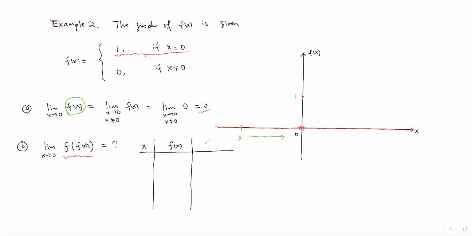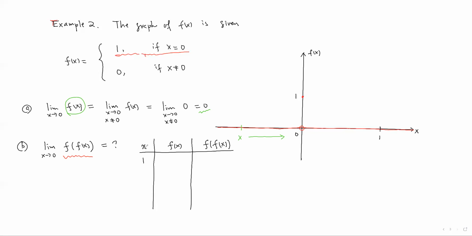Now the third column, f of f of x. Now I let x approach 0. There are many ways x can approach 0. Let me arbitrarily pick points. Say x is 1 first.